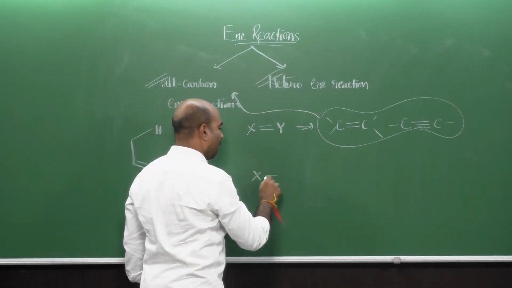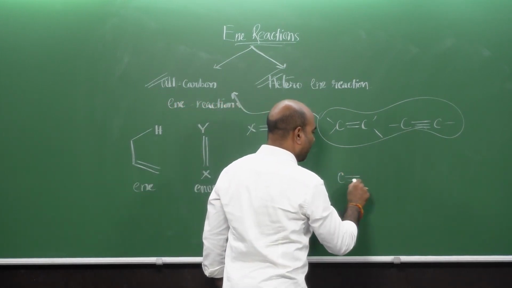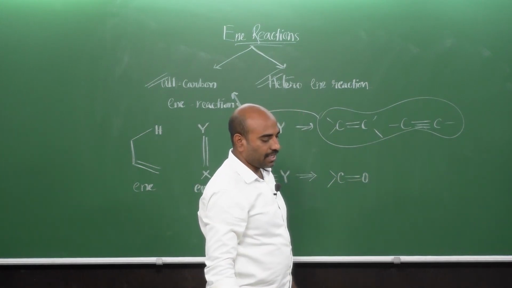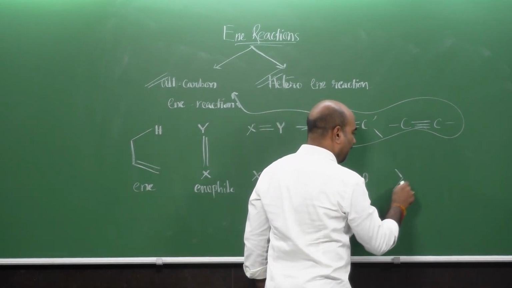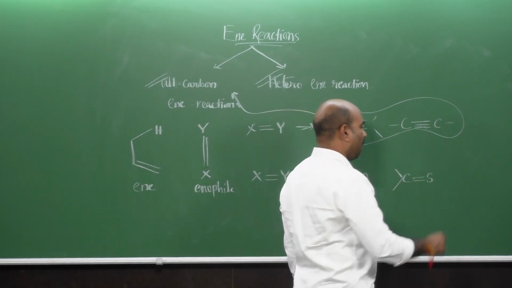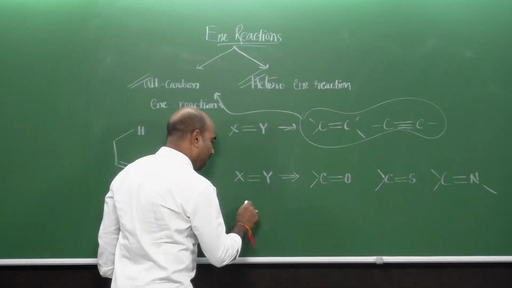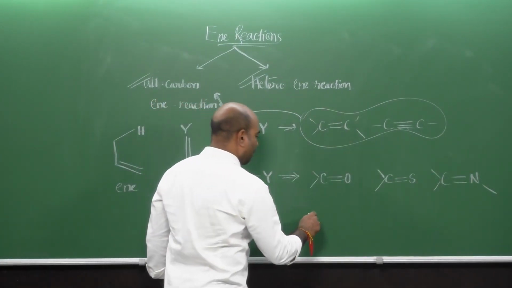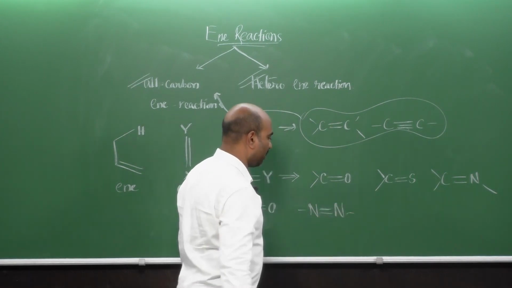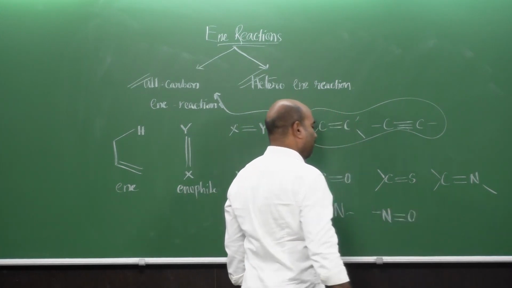If X double bond Y is a carbonyl group, C double bond O, where one of the carbon atoms is replaced by oxygen, or if it is a sulfur, C double bond S, or if it is nitrogen, if it is a molecular oxygen, or if it is a nitrogen azo group, NO group.